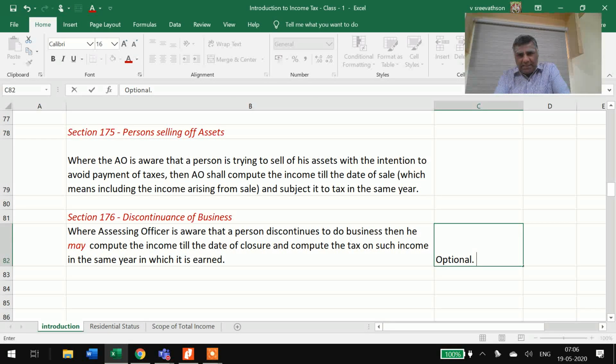In some cases, PY and AY will merge. 5 cases, where income need not be written in the AY: non-resident shipping business, persons leaving India for the purpose of employment, discontinuance of AOP, dissolution of AOP or BOI, persons trying to sell off assets with the intention of avoiding payment of tax, and discontinuance of business. In this case, PY and AY can be one and the same. It need not be a subsequent year.